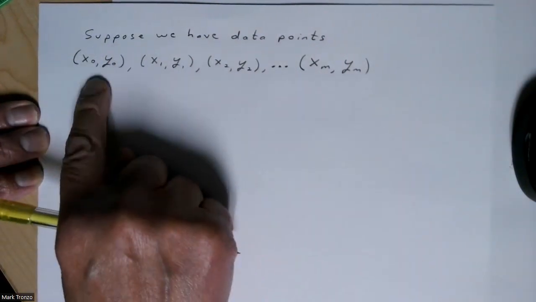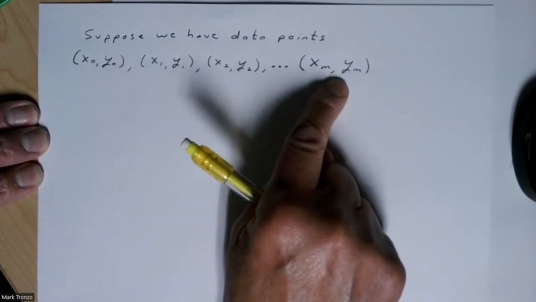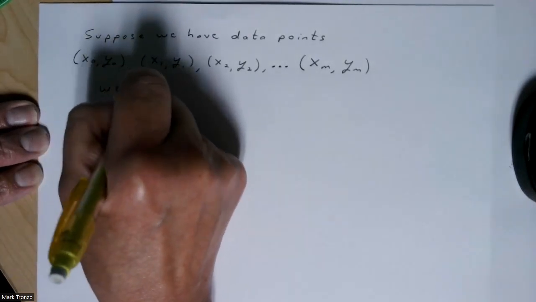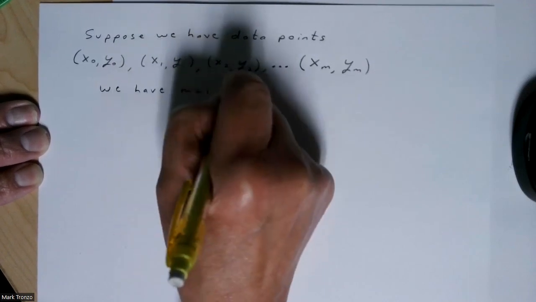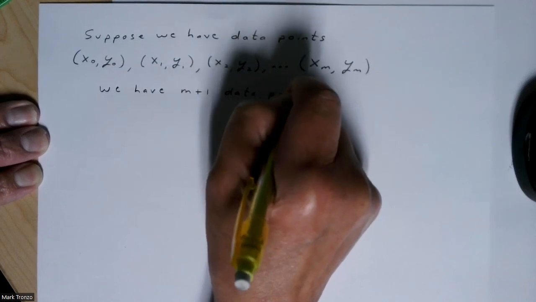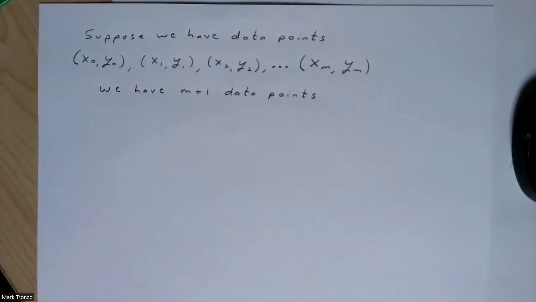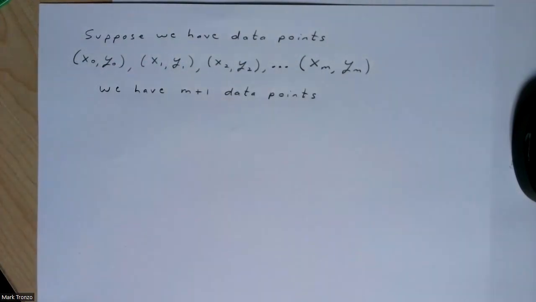Now notice, since we started at x0, we have m plus 1 data points. And again, it's 1 through m plus this one here. So we want to fit the best curve to these points.